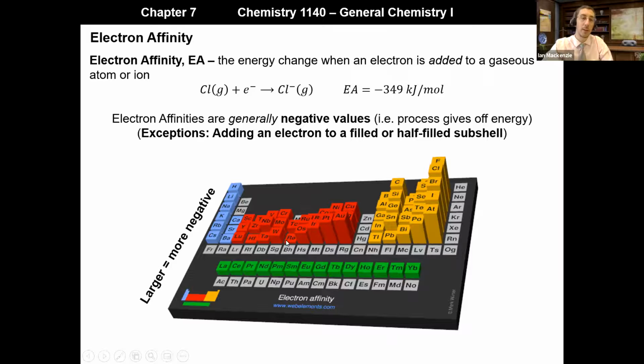And the same thing is true for the D block as well. So the trends are similar to ionization energy trends, not equal because of the gaps, but they are similar to those.